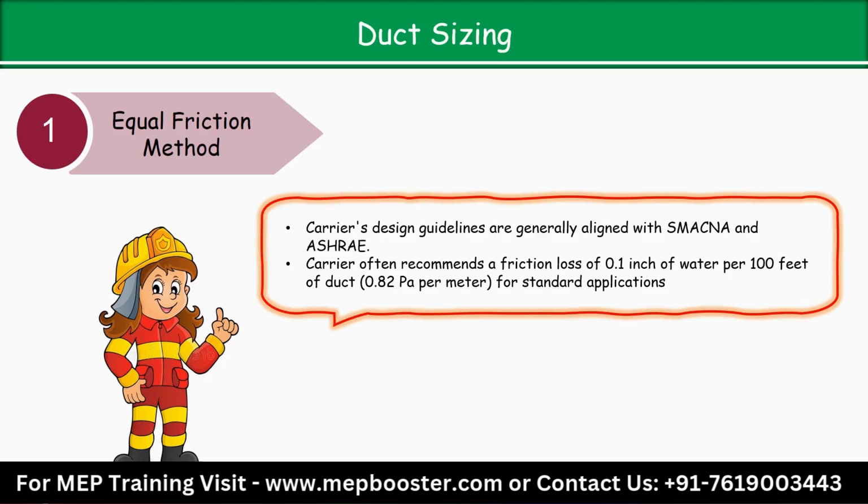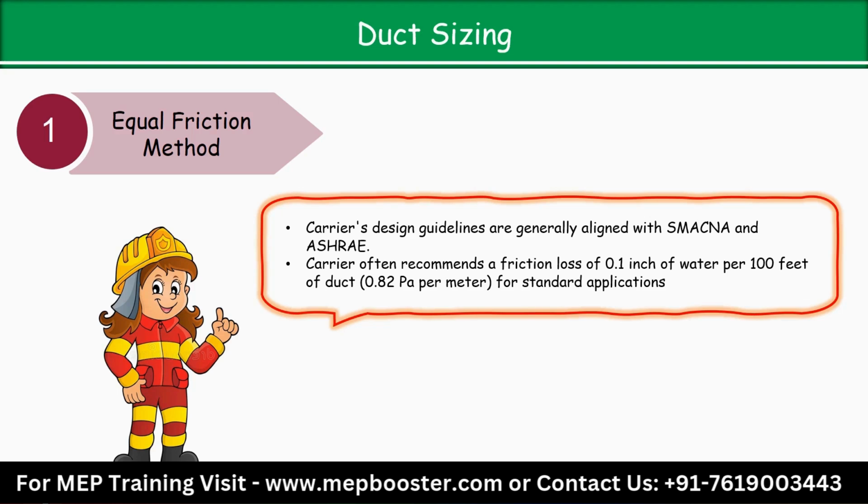While 0.1 inch of water per 100 feet is a common guideline, the designer may adjust this value based on factors such as noise requirement, energy efficiency goals, space constraint, and the type of system being designed. Example, a high rise building may have different requirements compared to a single story structure.